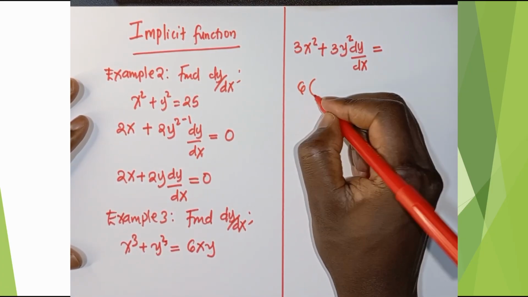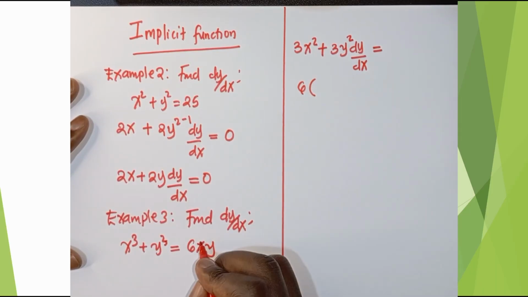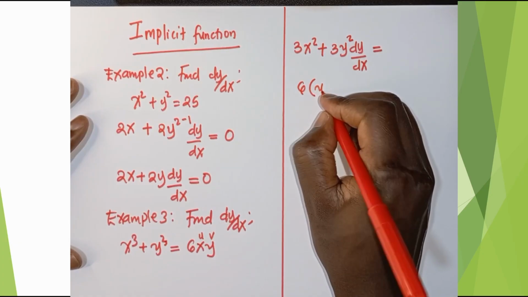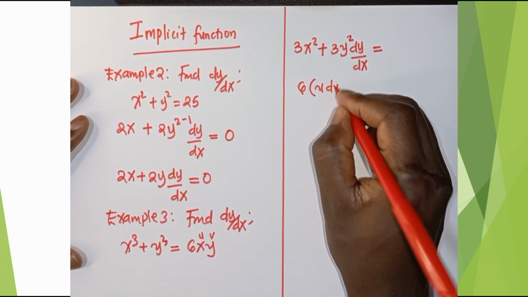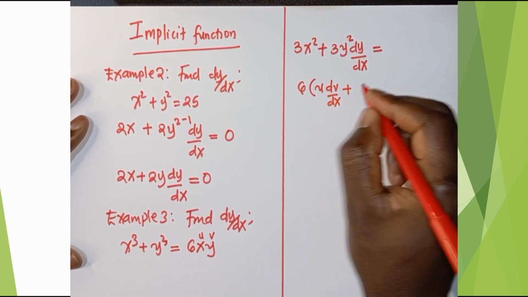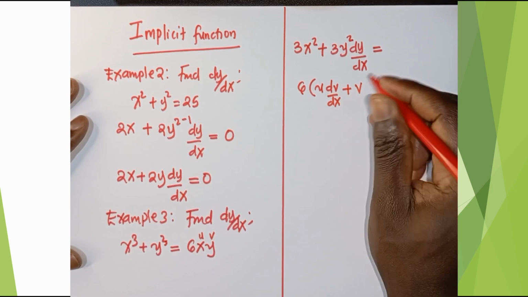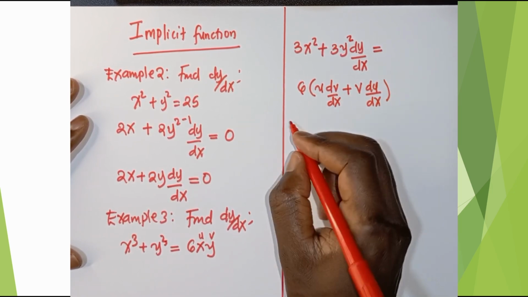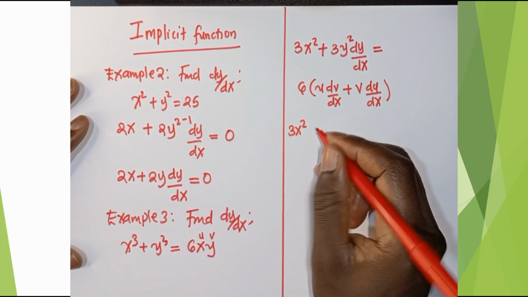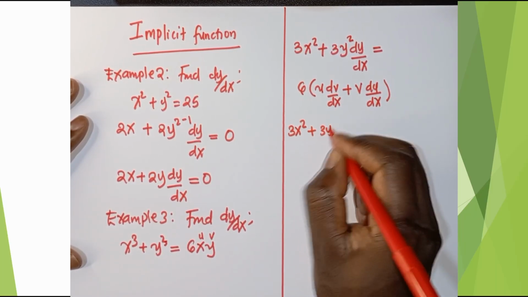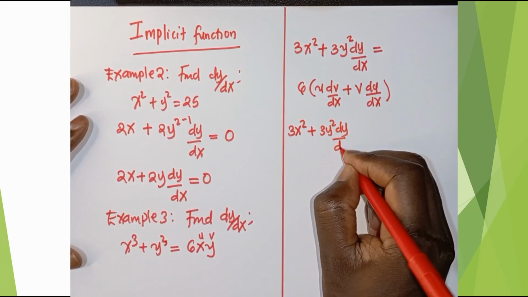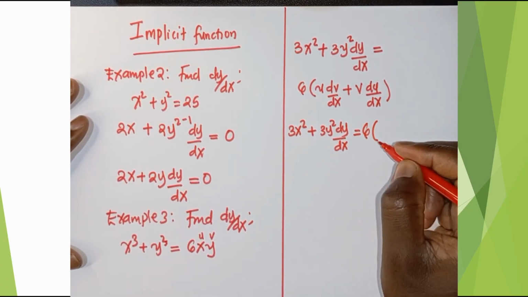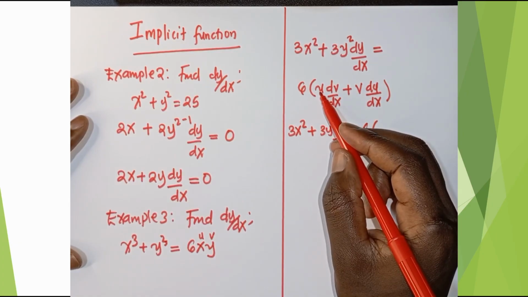Now when we differentiate, this is going to be our u, and then this is going to be our v. Product rule tells us that you keep u constant, you differentiate v with respect to x, plus you keep v constant, you differentiate u with respect to x. So we shall have 3x squared plus 3y squared dy by dx is equal to 6 into keep u constant.